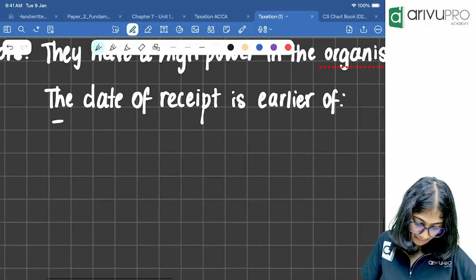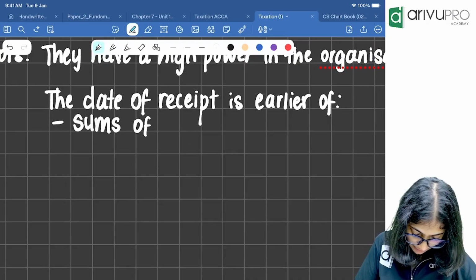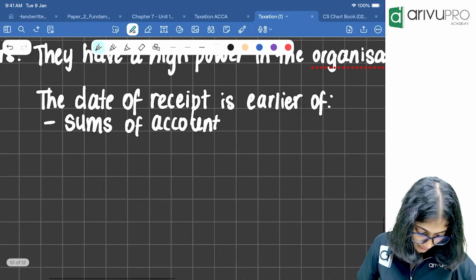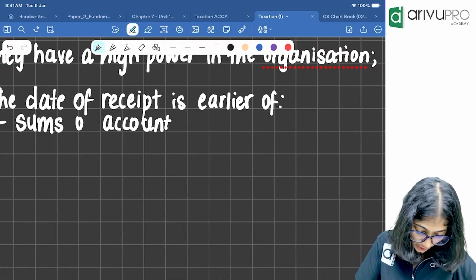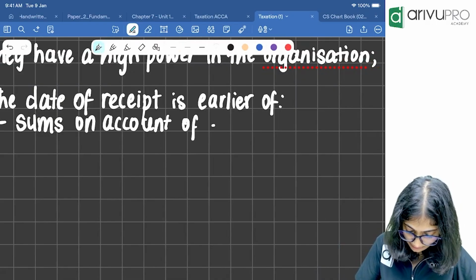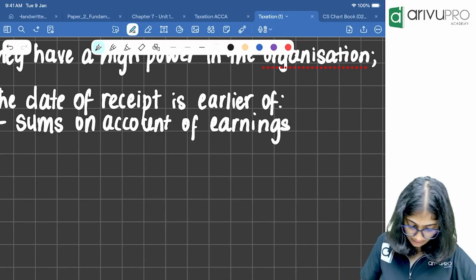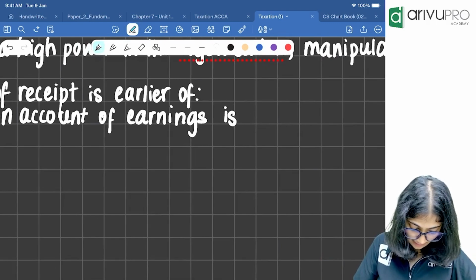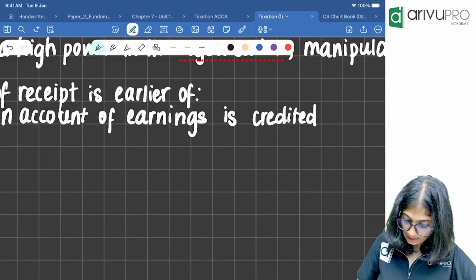First, when sums on account of earnings is credited in company accounts.